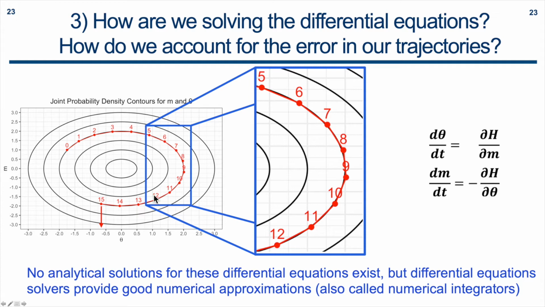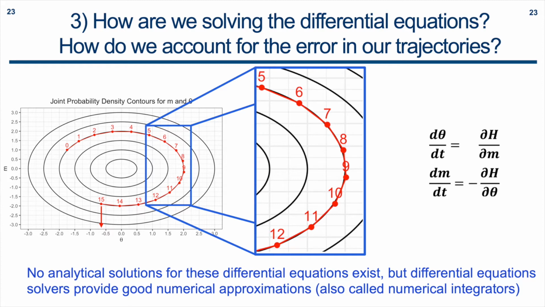And as you go around from 5.5 to 6 to 7 to 8 to 9, you can see, for example, that point 9 is a little bit off. With these differential equations, there are no exact analytical solutions, but we can use differential equation solvers to provide very good approximations. And we're going to be trying to follow that contour around very well. When we talk about these ODE solvers, we can also call them numerical integrators.